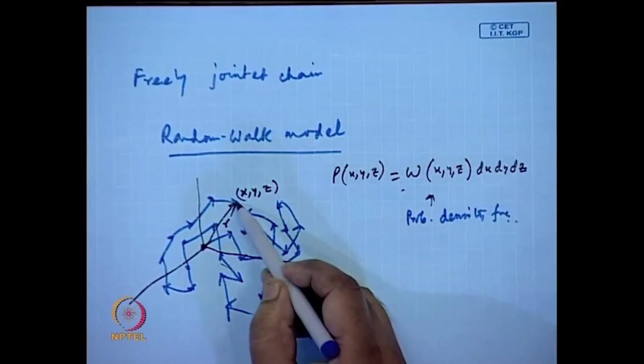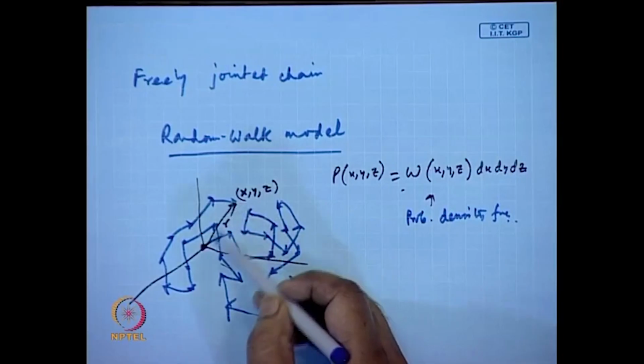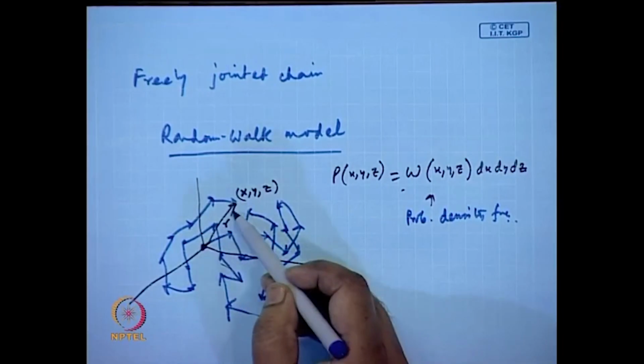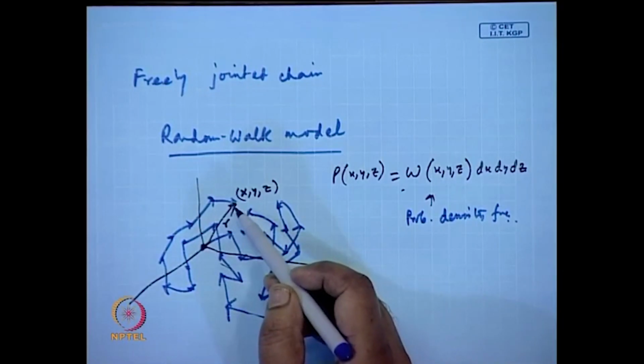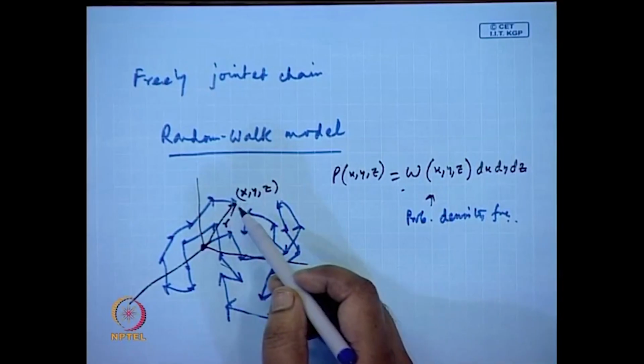If you are considering one unit volume at a distance r, you are trying to find the probability of that volume having the other end.